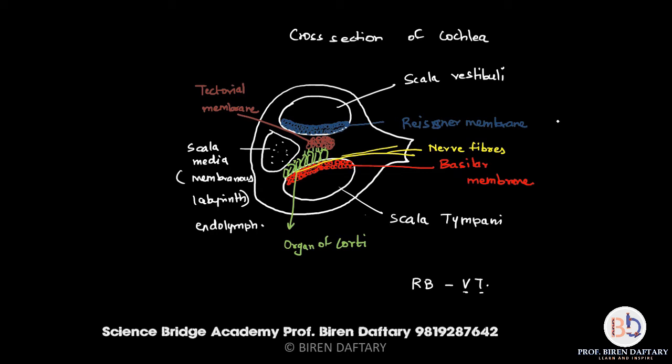So we have finally finished with the structure of the ear, that is the external ear plus middle ear plus internal ear. Now all these parts which we have learned are basically concerned with hearing, but what about balance? The human ear is also responsible for balance, and for that there is a structure present which is called the vestibular apparatus.